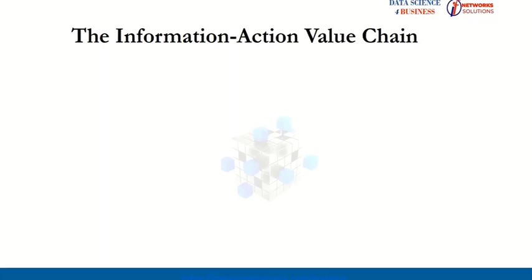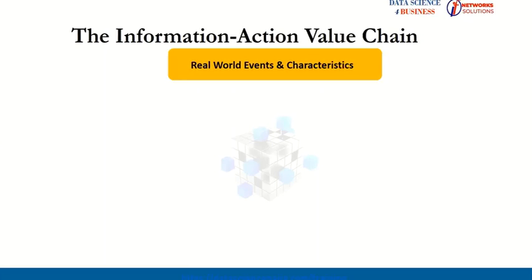So we have what we call the information action value chain. What exactly is this? This is the process that a business data scientist goes through to be able to achieve maximum success. First of all, we have real world events. When you are doing your data science, or you have a problem area that you are applying it to, it doesn't just happen in isolation.